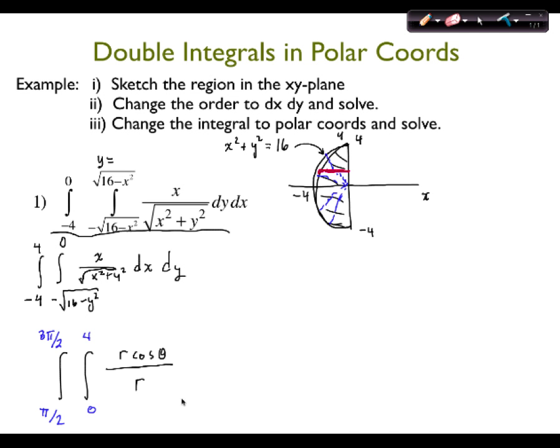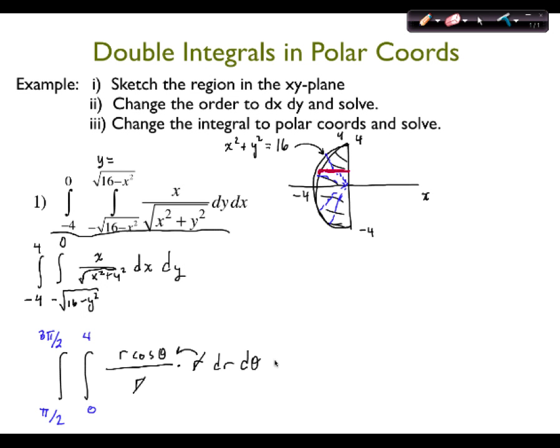And then our dy dx becomes r dr d theta. What happens to this r then? It multiplies in with our function. In this case, it cancels.